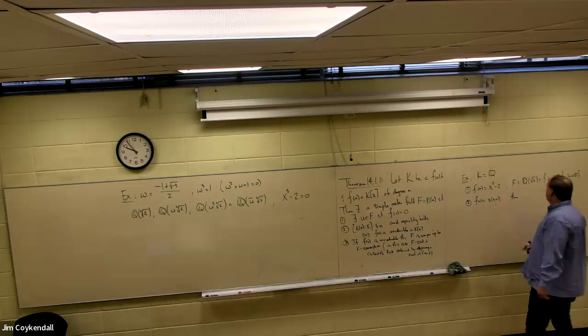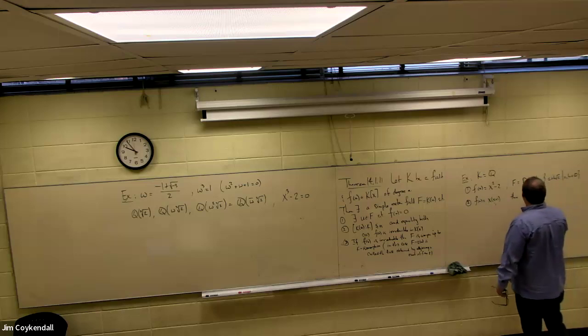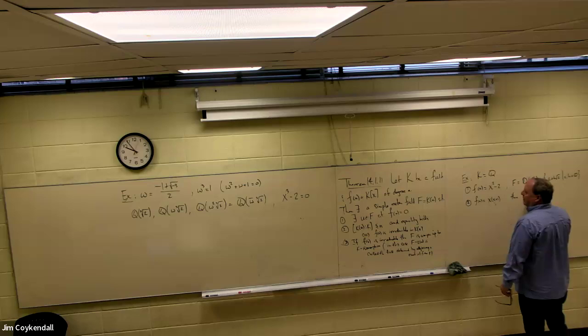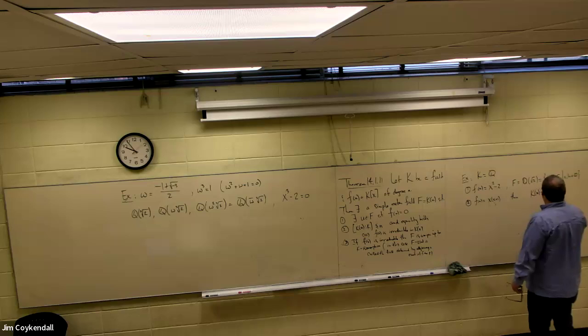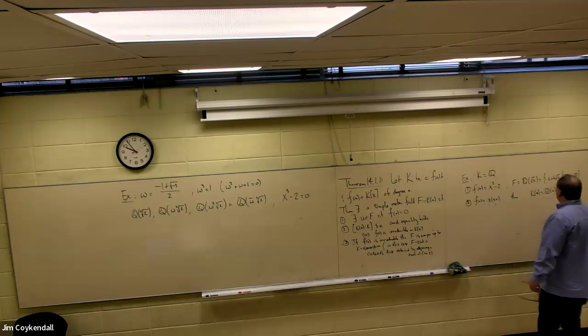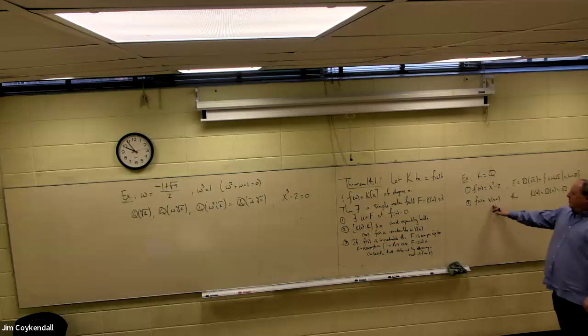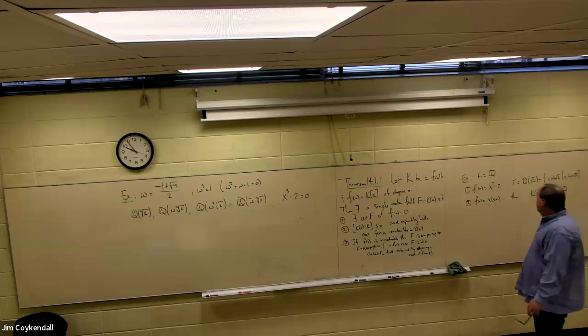They're already in Q. Notice this is a degree 2 polynomial and the extension is only degree 1, because there was nothing new there. All right, everybody agree with that?